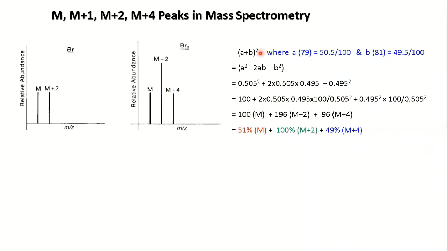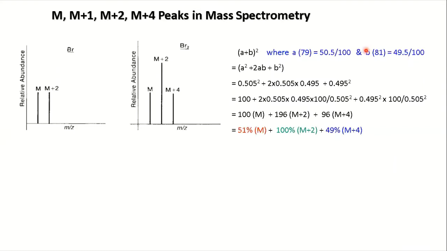A represents one isotope, B represents another isotope. A is the 79 isotope, which has the percentage 50.5%, so that fraction is 50.5 by 100. And B is the 81 isotope having 49.5%, so 49.5 by 100.